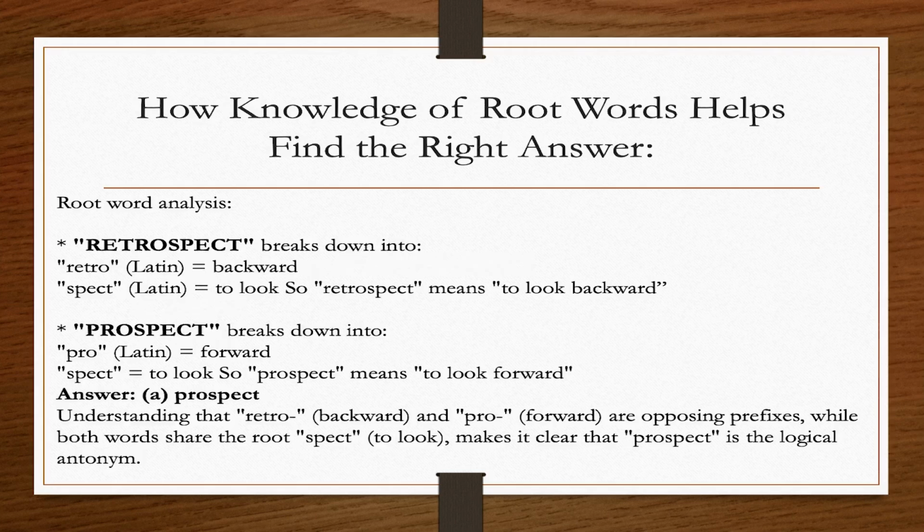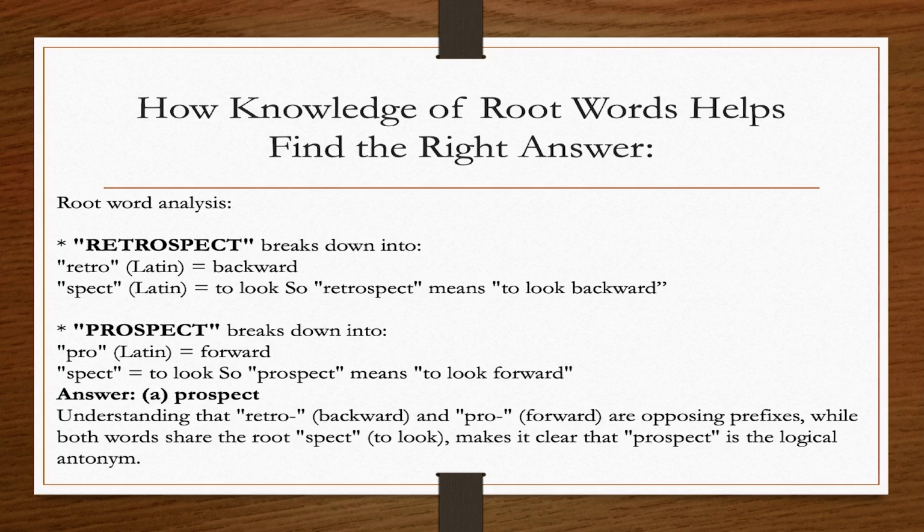Root word analysis. Retrospect breaks down into retro, the Latin word for backward, and spect, to look. So retrospect means to look backward. We use this word quite commonly in our day-to-day language. Now, prospect, which happens to be the correct answer, option A, breaks down into pro, the Latin word for forward, and spect, to look.